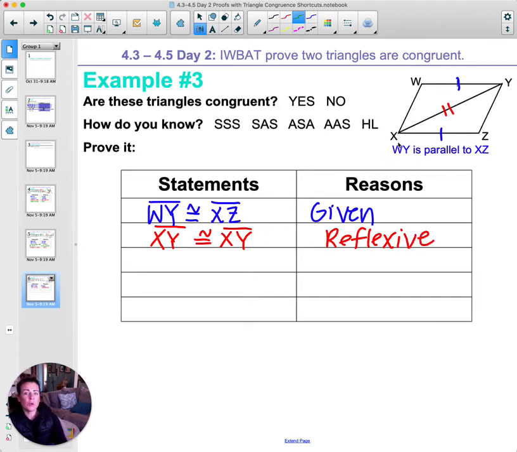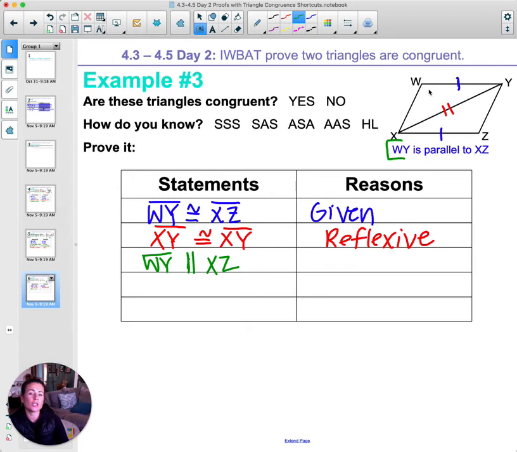Then we don't have enough information on the picture yet. Okay, that's not enough markings, but we still have this other given statement that WY is parallel to, so remember parallel, you can do those two vertical lines like that for parallel, is parallel to XZ. And then, so what can we do with parallel lines, okay?